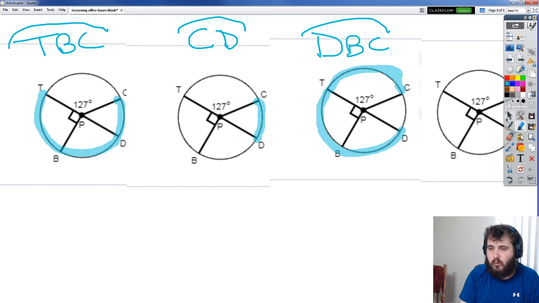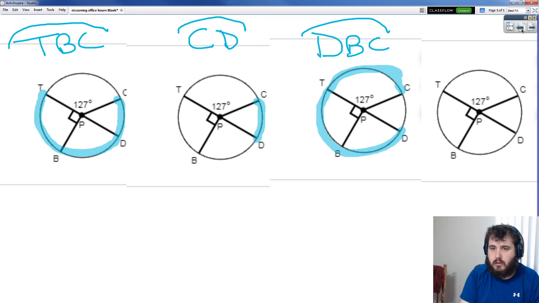Whereas if I were to talk about arc DC, see how these two are basically like the opposite pieces? Major arc, minor arc. Here the opposite one of this one would be CT. Or TC. It doesn't matter.